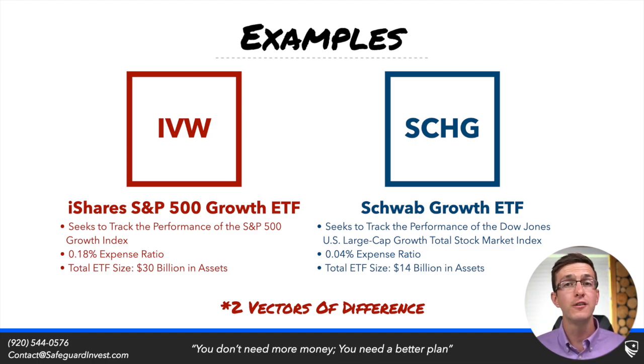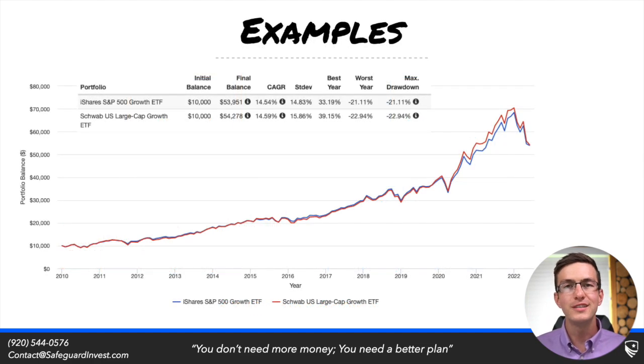So these are two different indexes, and they are obviously from two different fund companies. But as you can see, they perform almost identically. But once again, they are different enough and should be in the eyes of the IRS that they would not be considered substantially similar.